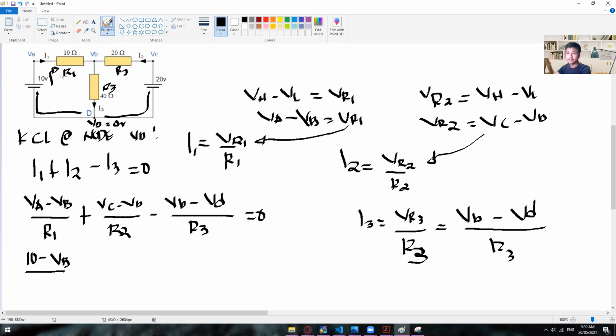And then R1 is 10 ohms plus. VC is 20 volts because that is the one that is passing through this node. So 20 minus VB, we don't know the value of VB, so we'll just leave it like that, divided by R2, which is 20 ohms minus.